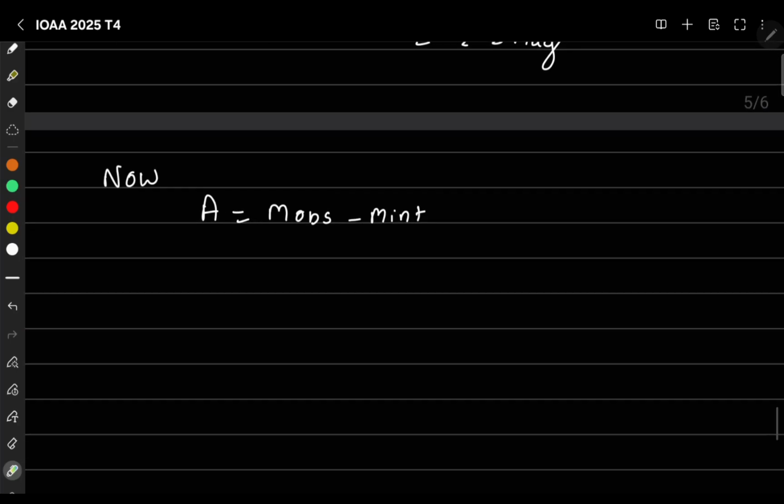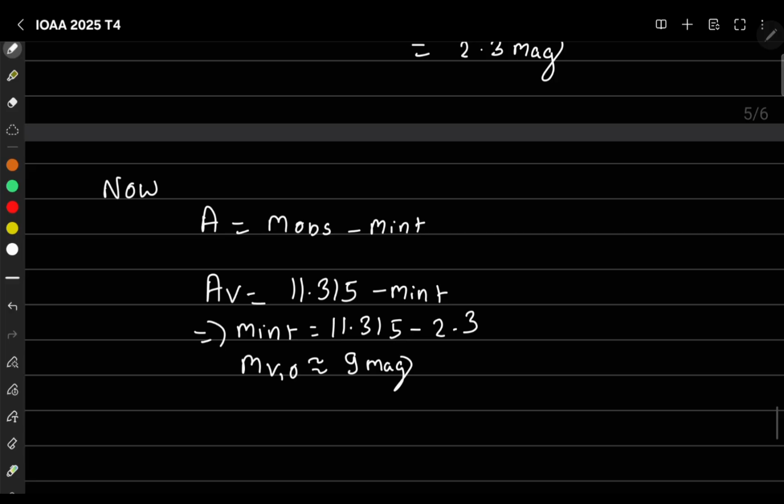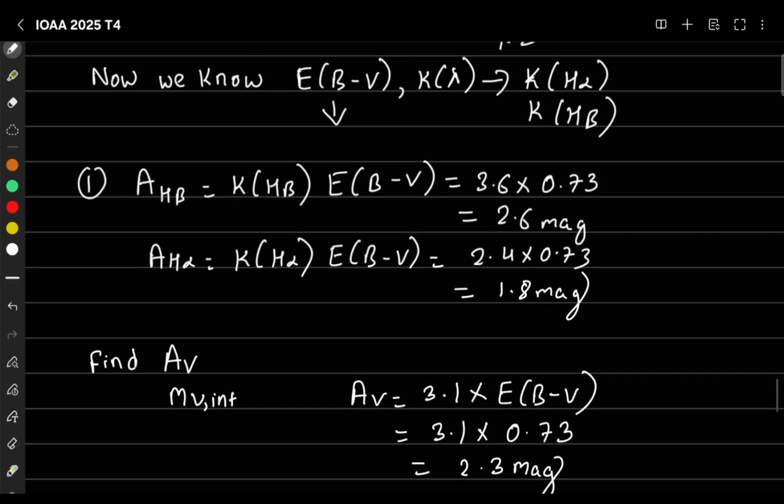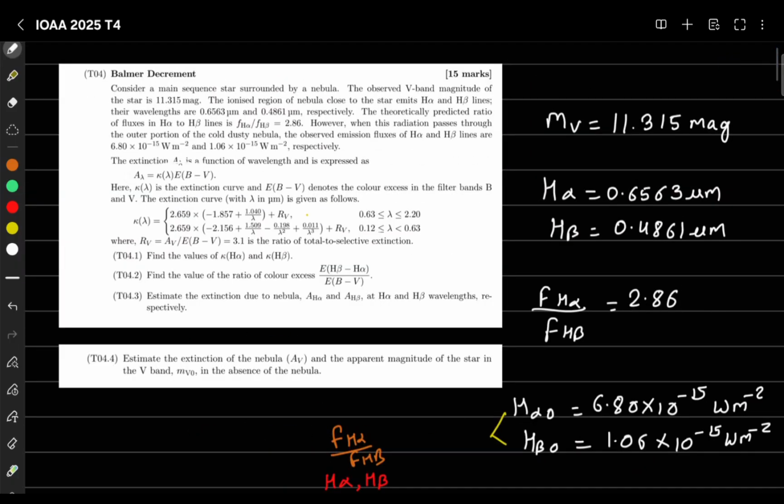So A_V can be written as 11.315 minus M intrinsic, and M intrinsic is 11.315 minus 2.3, which is approximately 9 mag. So this is how we solve the problem. This problem is easy but conceptually heavy. I hope you like the solution of the problem. Thank you.